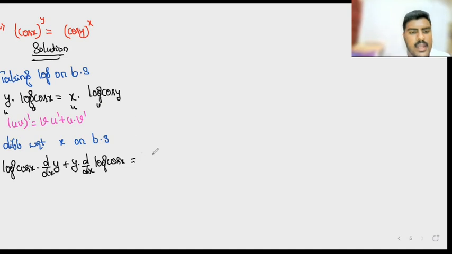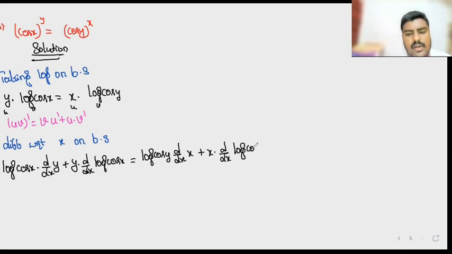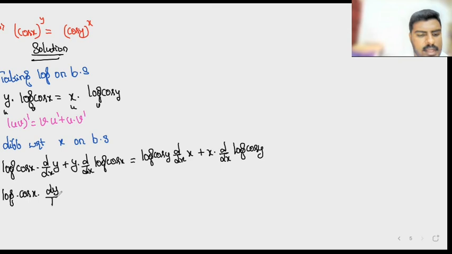Equal to, again, log cos y into d by dx of x plus x into d by dx of log cos y. Got it now? So log cos x we keep here, and d by dx of y means dy by dx.